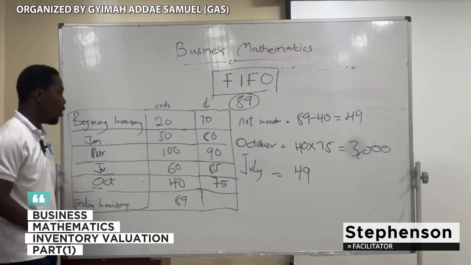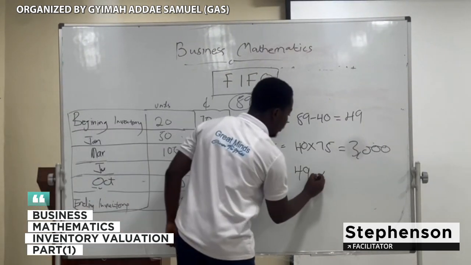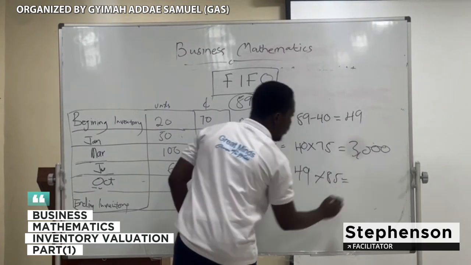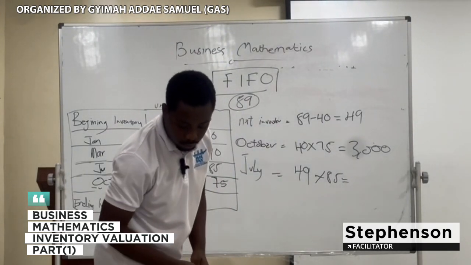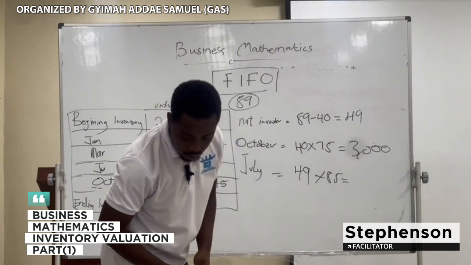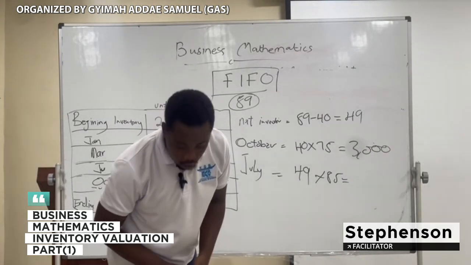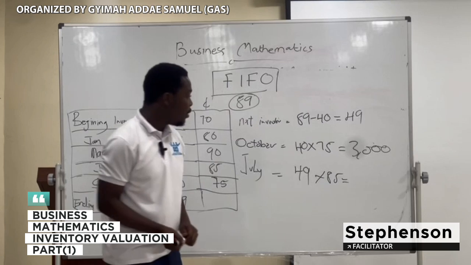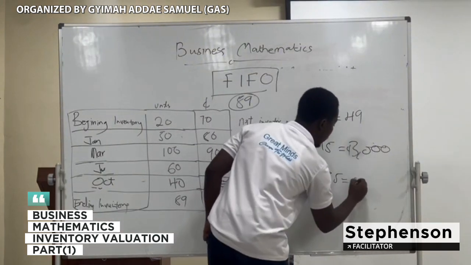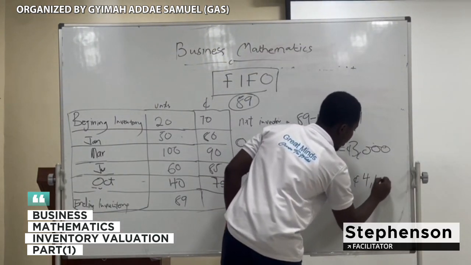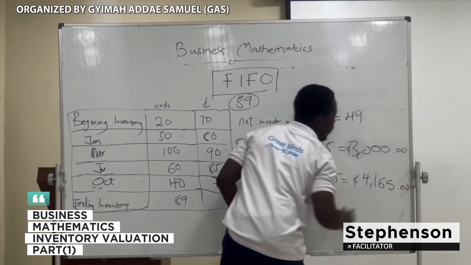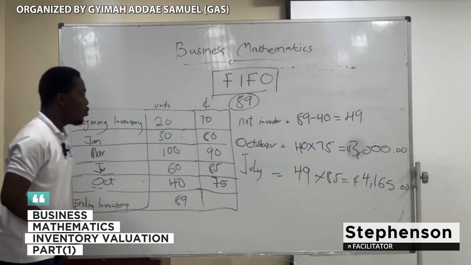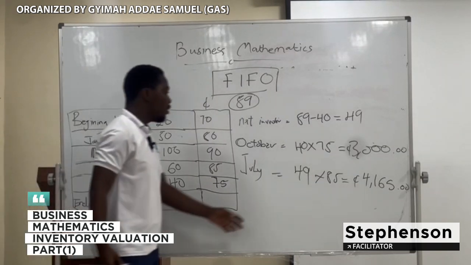The price there is 85, so 49 times 85 gives us 4,165 cedis. So now we have our inventory valuation for July as well.